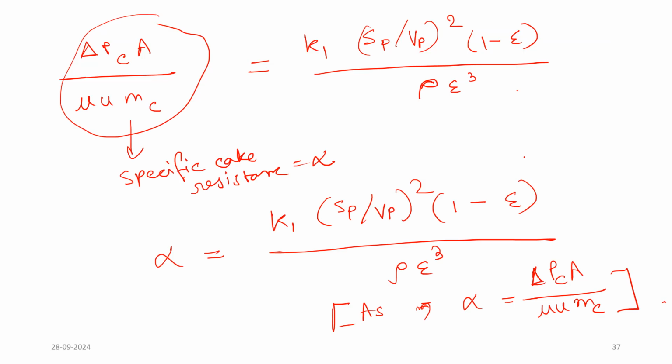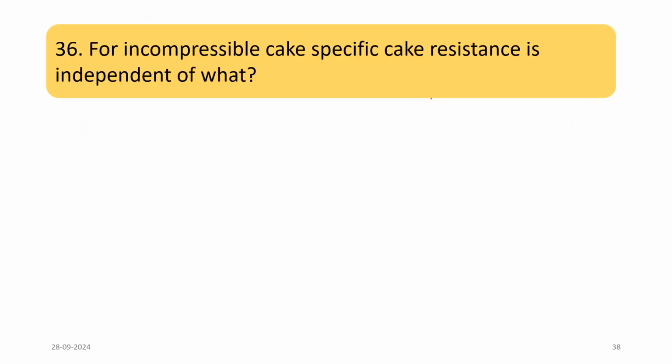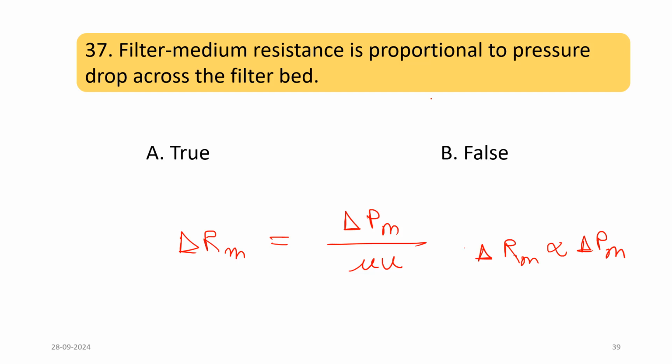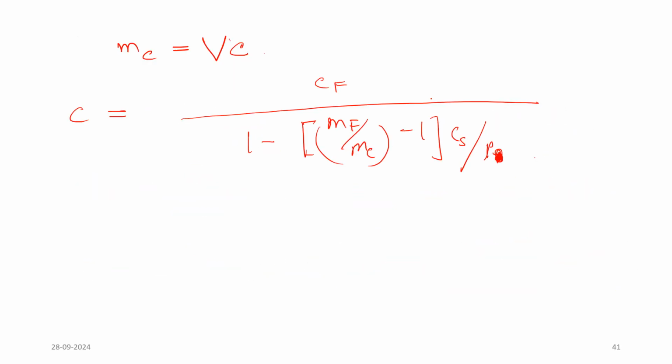Now, if we substitute the values in this equation, we know delta P equals mu u mc into (alpha by A plus Rm), right?